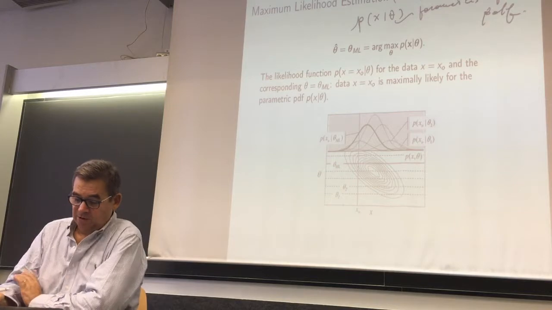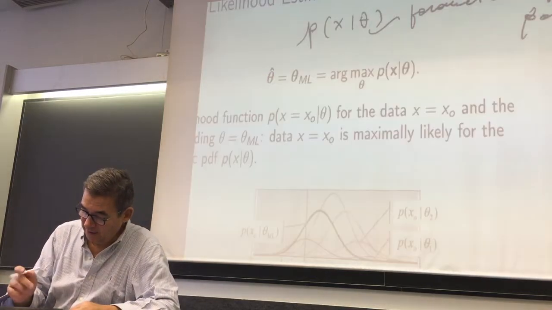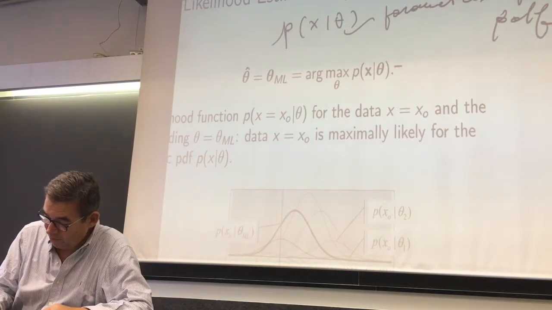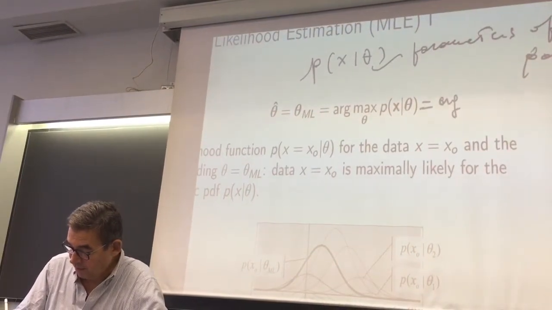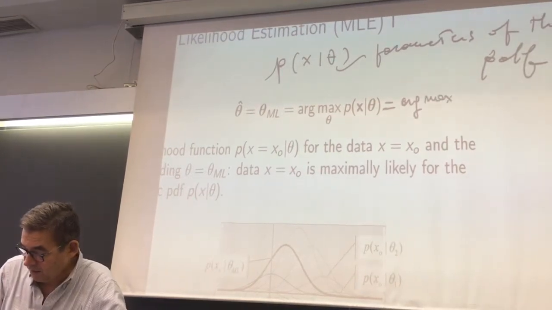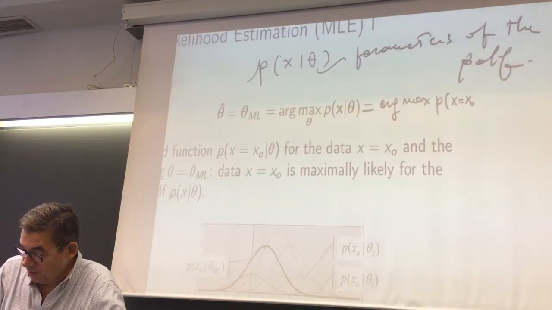So, this means that the maximum likelihood method, if you want, you can write it this way, is the argument that maximizes the probability density function of x when x is equal to x0, which is the observation, parametrically with respect to theta.